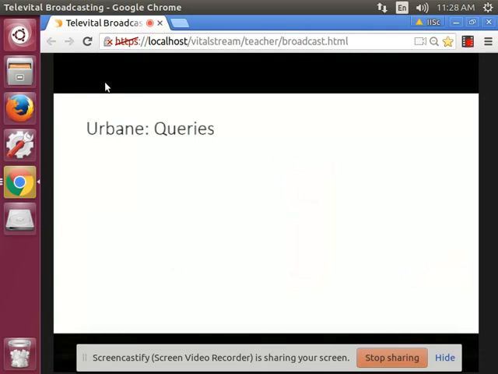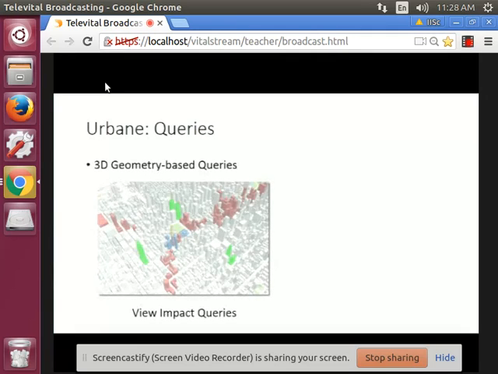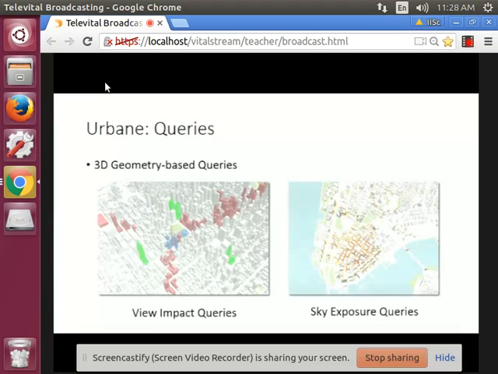So essentially what you see here are different kinds of queries a visual analysis tool can invoke. What we saw was that there are two kinds of geometry queries that at least I showed in my demo. These are how you compare view impact, and how you can look at sky exposure and sky exposure impact.